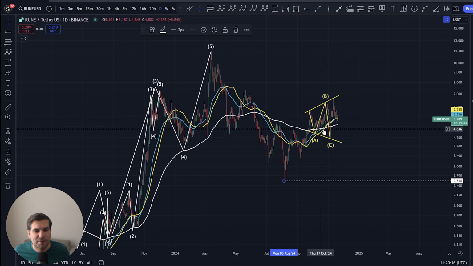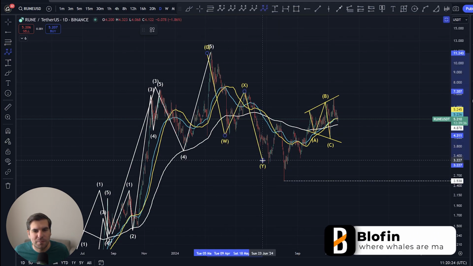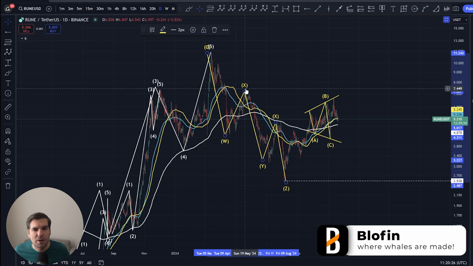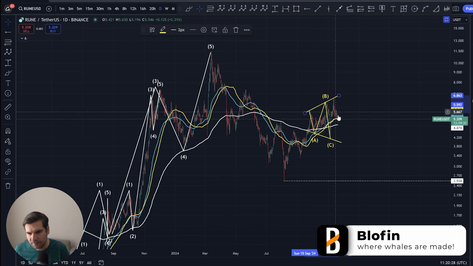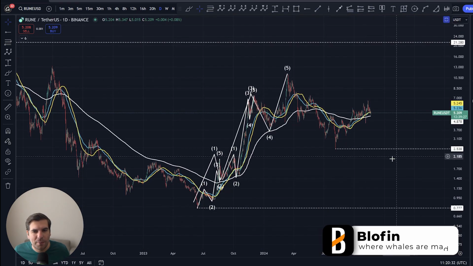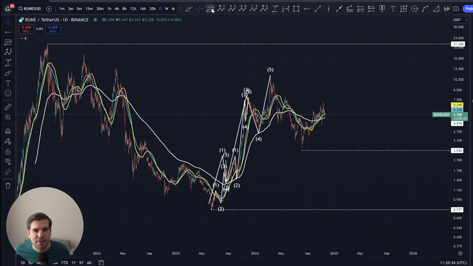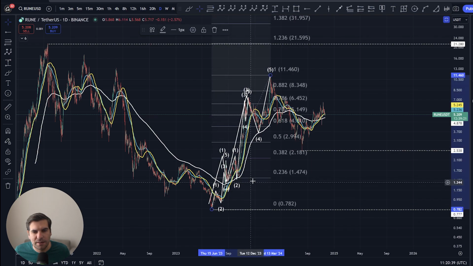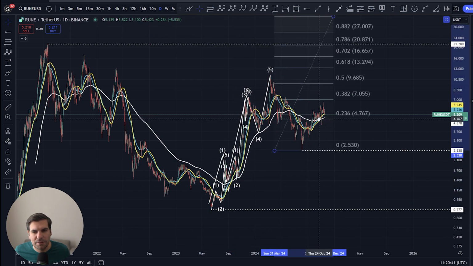This move to the upside is very interesting, but again, it does to me look like we've actually bottomed out here with the internal structures of what's going on. So we have a W, X, Y, X, and Z structure, right? So we know that that part's complete. So on that premise, we can now be predictive over where we think our conservative targets for Rune are going to be. Okay, based on all the behaviors that we see within the data, we can now be predictive by saying that there's a high probability.